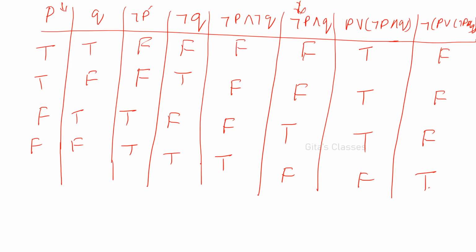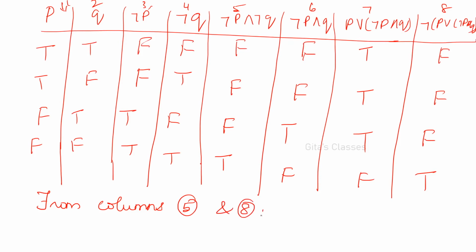Okay. So now from this column, 1, 2, 3, 4, 5, this is 6, 7, 8. So from columns 5 and 8, we get that they are equivalent.